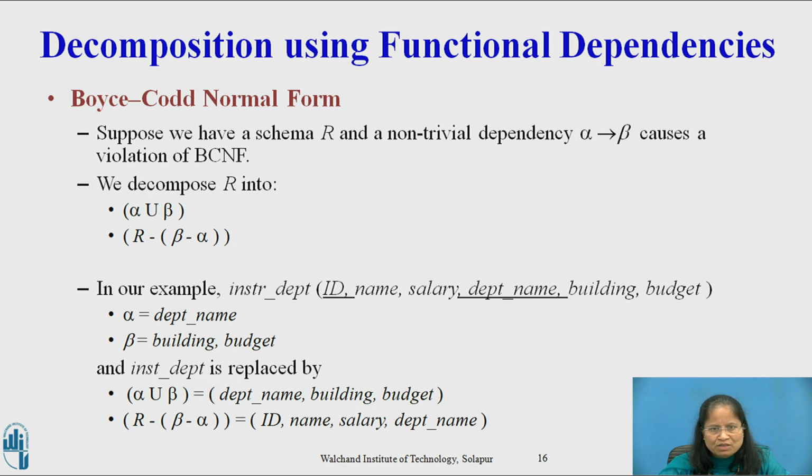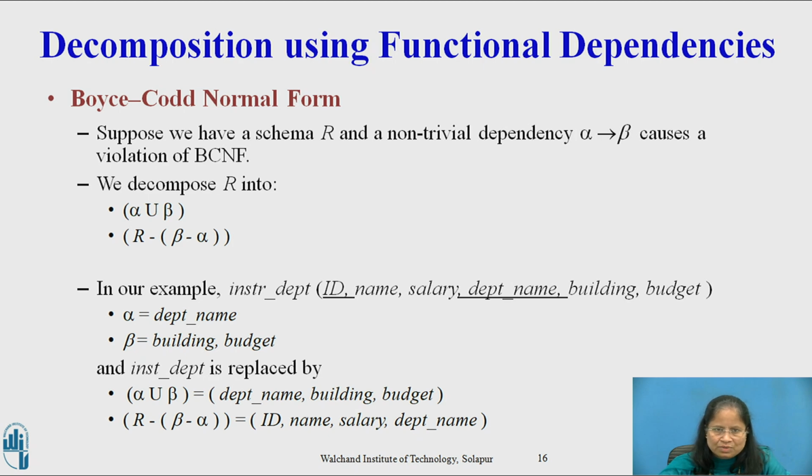Suppose we have the schema R and a non-trivial dependency alpha functionally determines beta that causes a violation of BCNF. We decompose R into alpha union beta and R minus beta minus alpha.